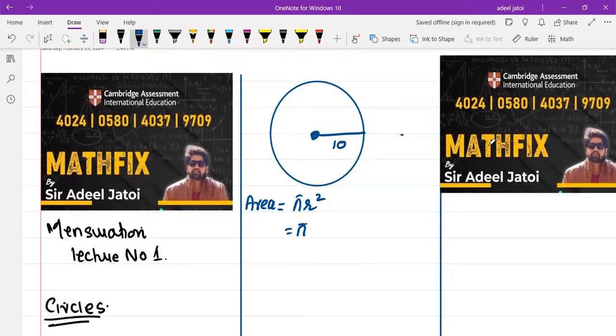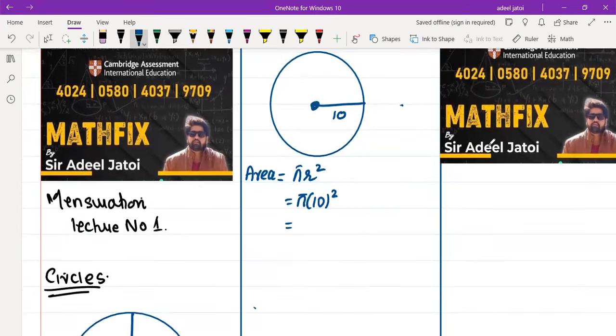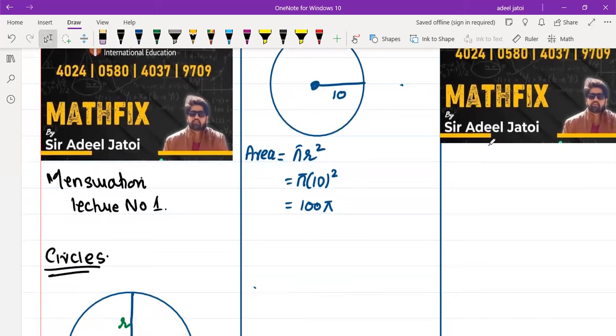So, this should be pi 10 square. 10 square is 100. If I want to express the answer in terms of pi, then 100 pi will be the answer. But in the general form, when I want to find out the value, then you need to calculate it.